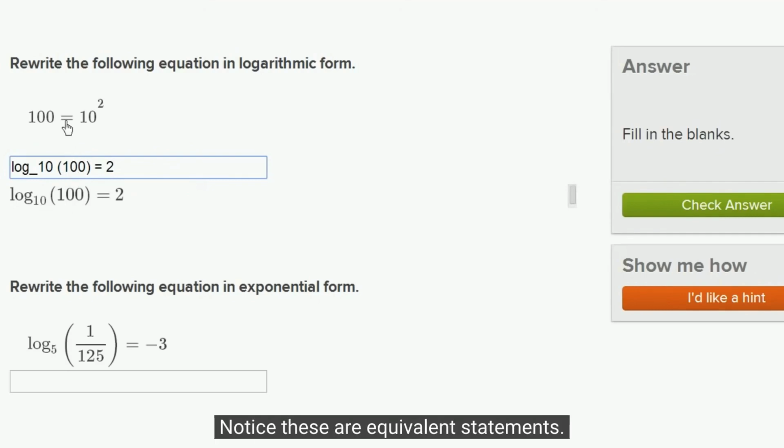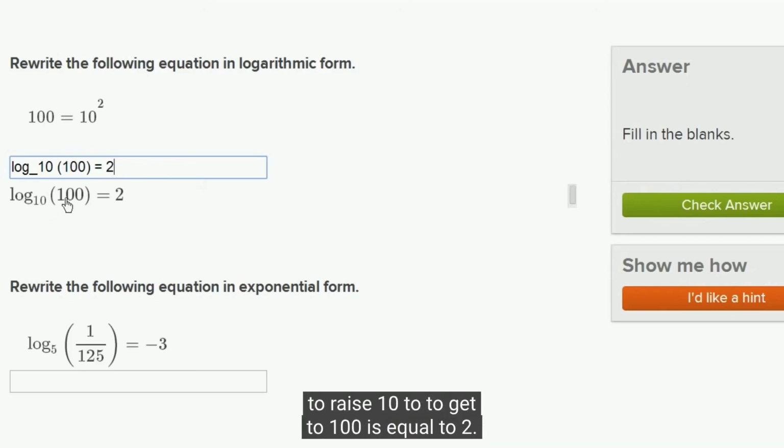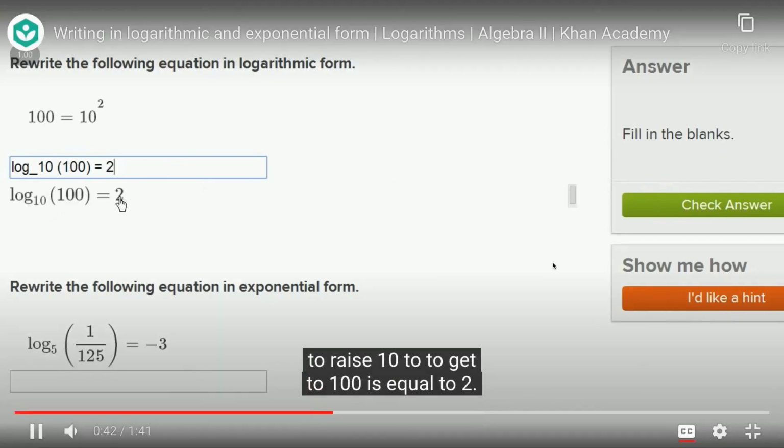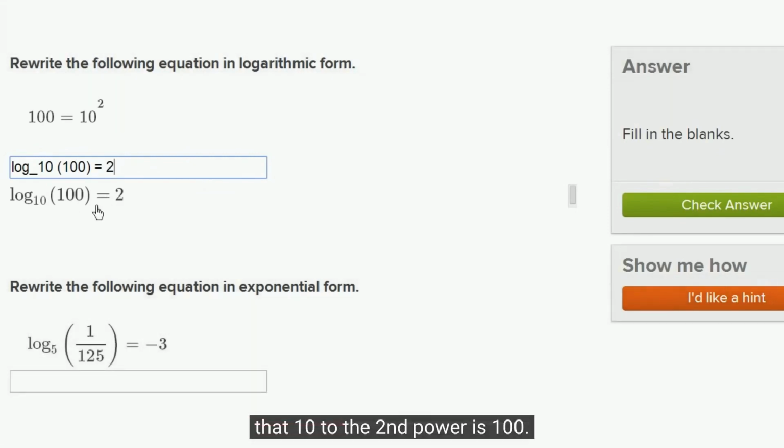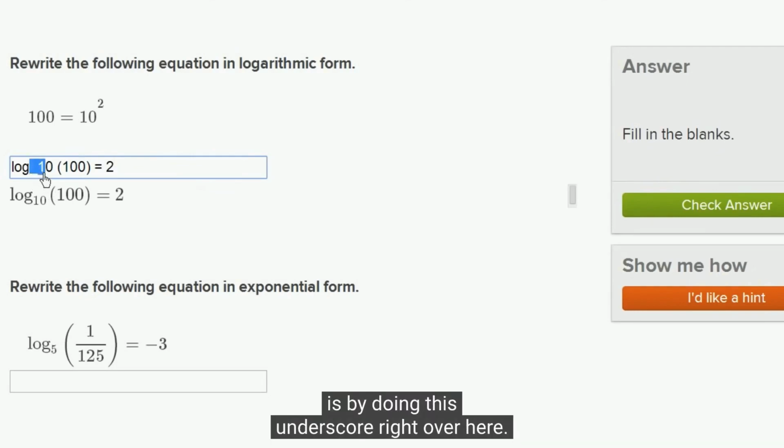Notice these are equivalent statements. This is in exponential form. This is in logarithmic form. This is saying the power that I need to raise 10 to get to 100 is equal to 2, which is the same thing as saying that 10 to the second power is 100. And the way that I specify the base is by doing this underscore right over here.